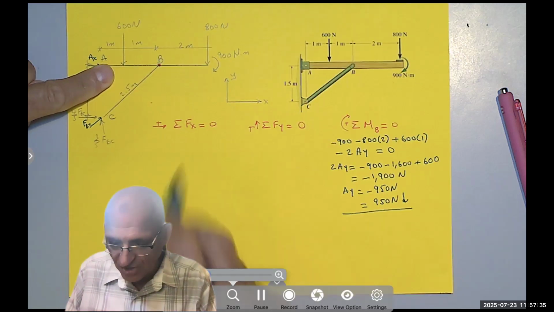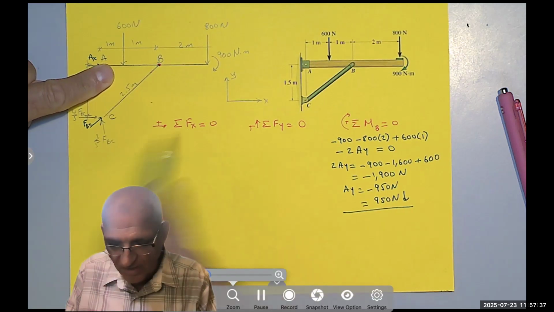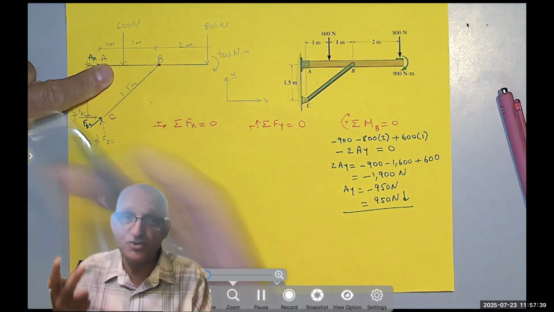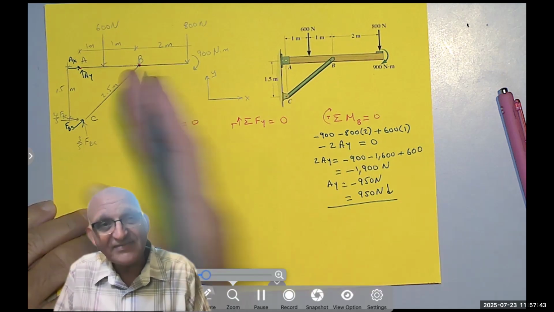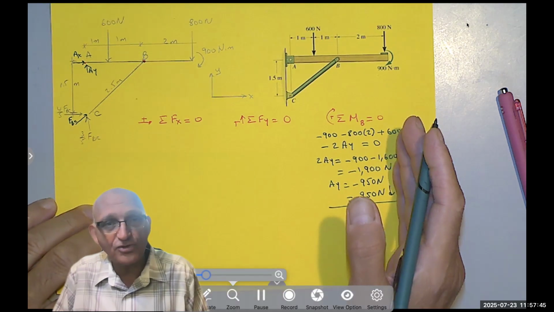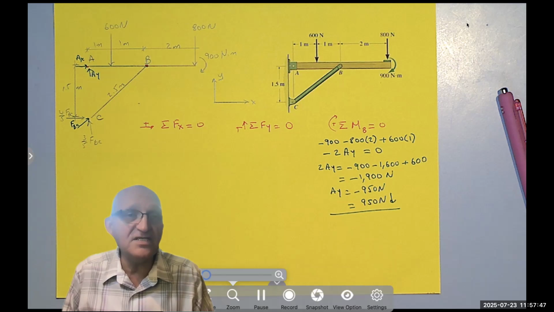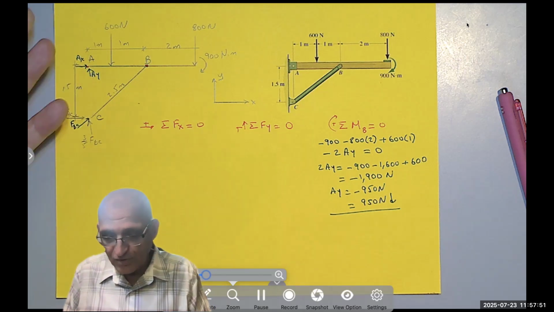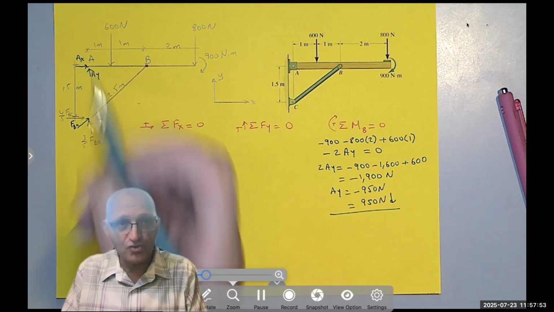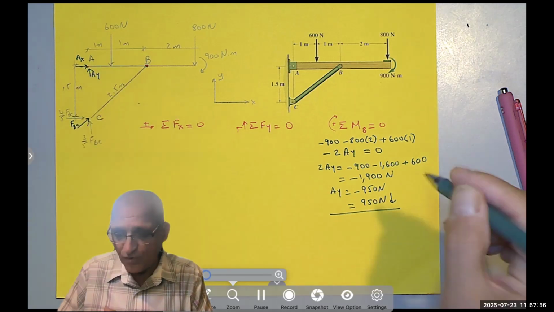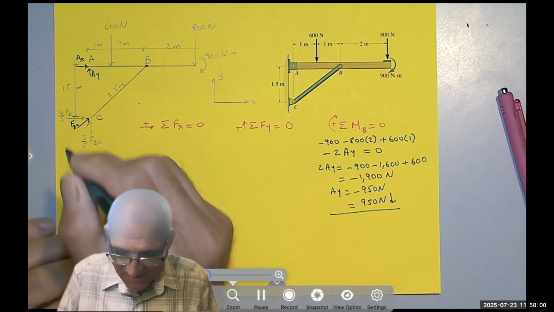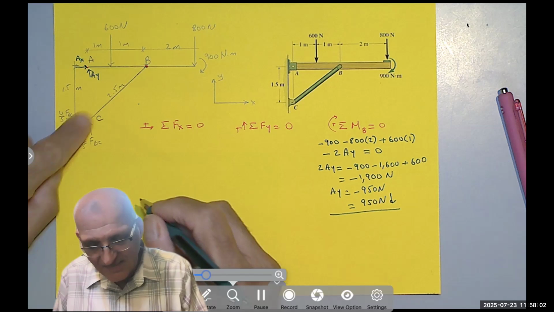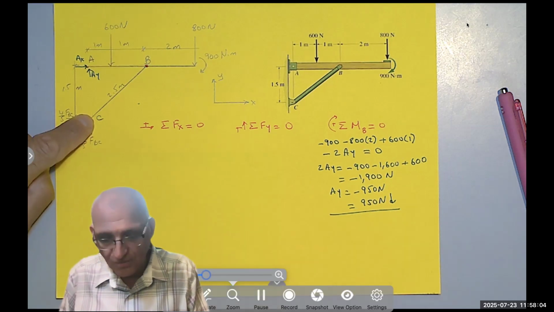notice if I take summation of x equals 0, I have FBC and AX, two unknowns. So I move to FY. Notice you don't have to take them in the same order. See what makes the problem easier for you. Like when we saw here, X would have two unknowns, Y would have two unknowns, only the moment at a clever point, which is either even at C, I could have taken the moment about C. Why?